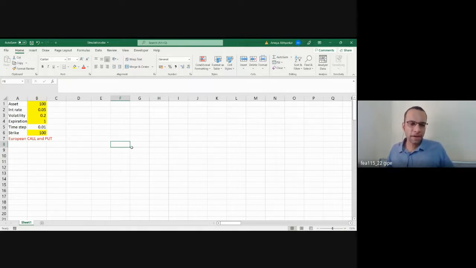We have all the parameters which we will require for a European option or even for a barrier option. These inputs should suffice. I have those 5 inputs which I require for pricing any option: stock price, interest rate, volatility, capital T, time to expiration, and the strike price K.